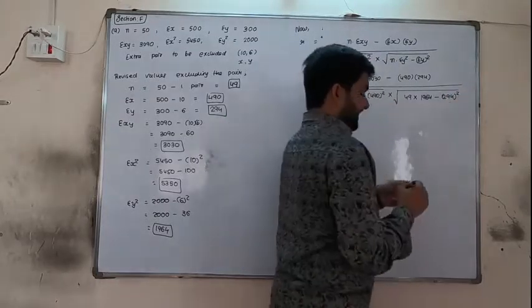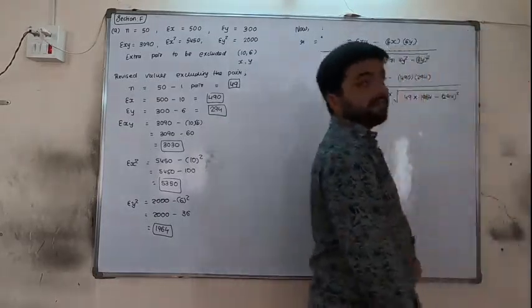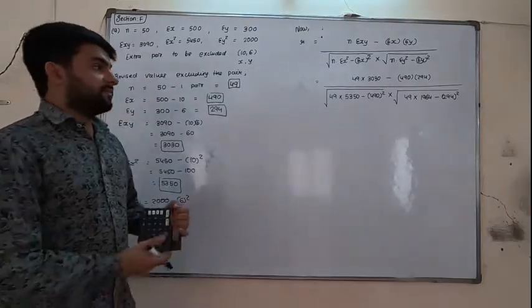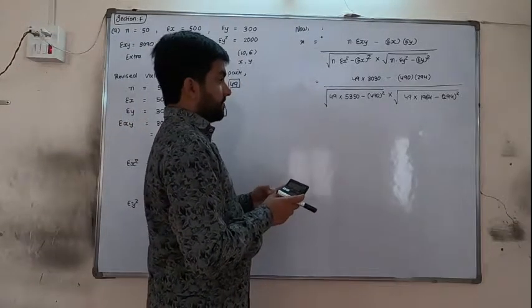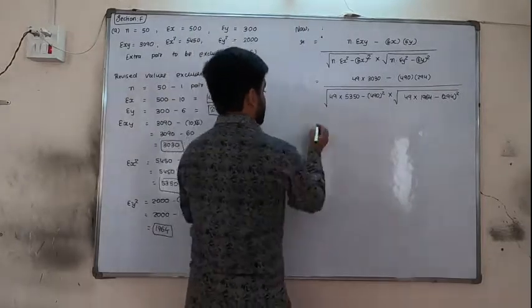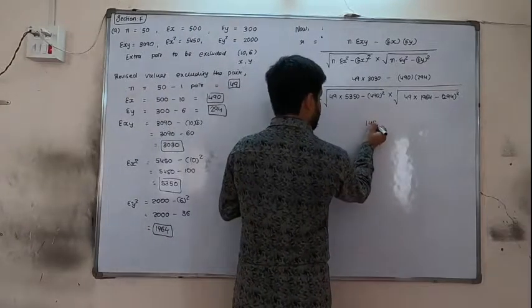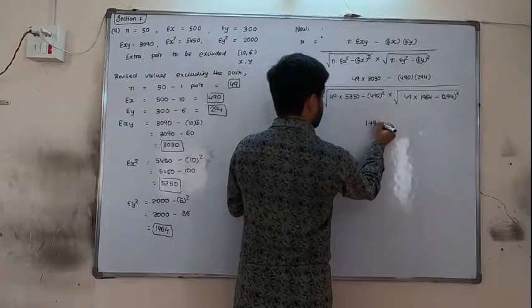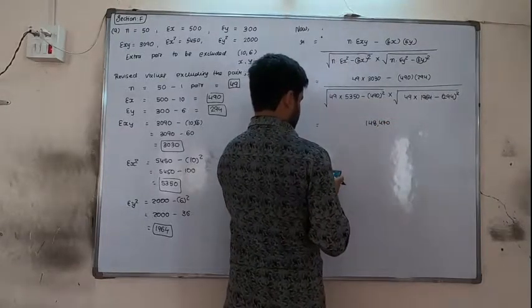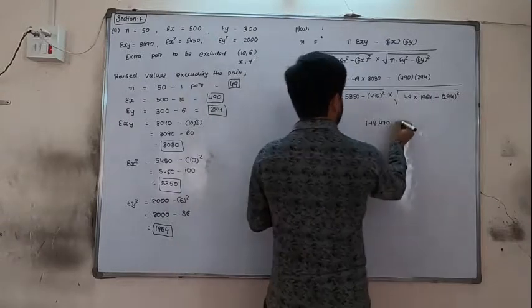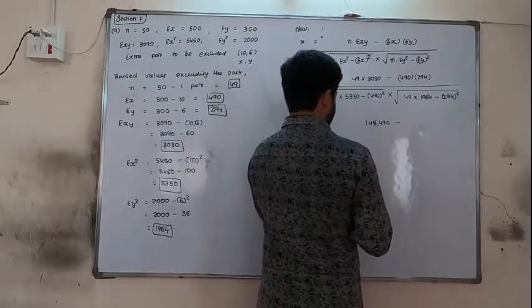We should not make a single mistake in writing, otherwise the whole answer will be wrong. Now 3030 multiplied by 49, so the values will be a little big: 1,48,470. Minus 490 into 294.